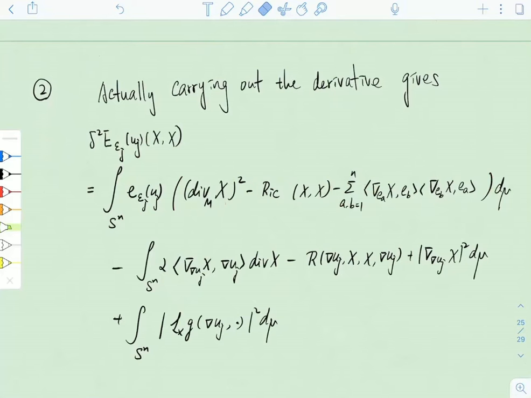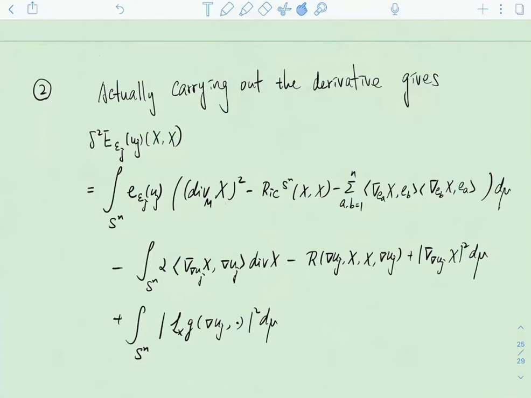Sorry, this should be S^n. Okay, so for this to coincide with the second variation of the limiting varifold, there has to be some correction terms, right? And this is where they come from.